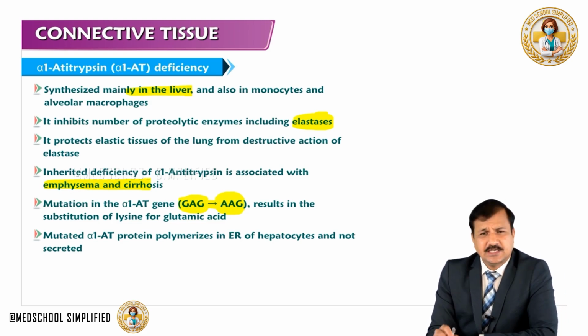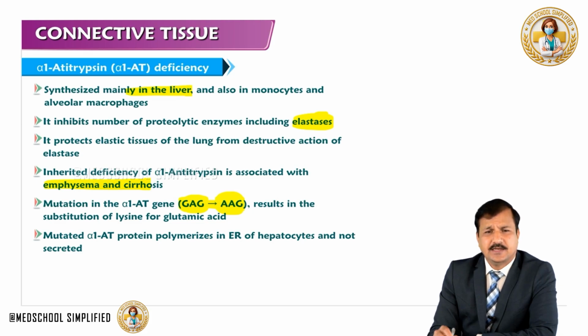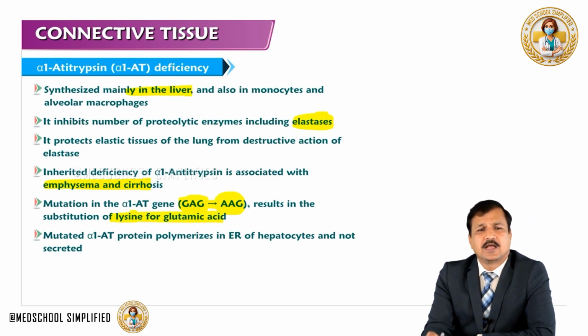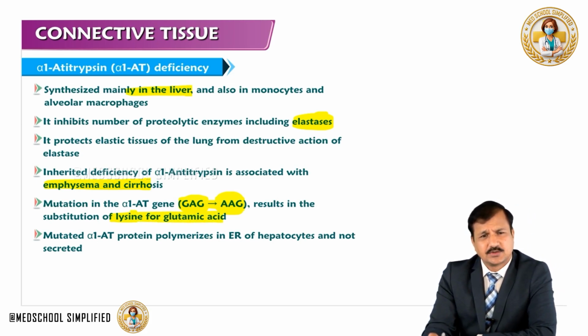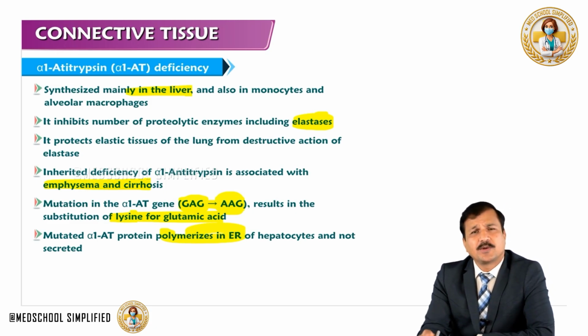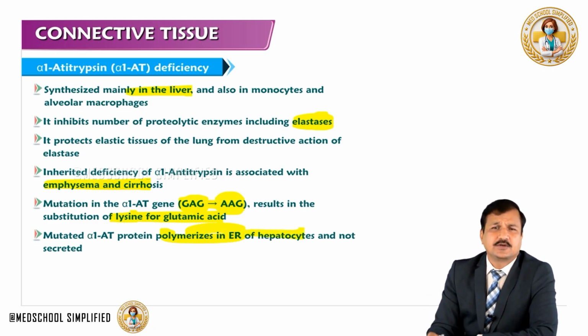That means guanine is replaced by adenine, which results in substitution of lysine for glutamic acid. This type of mutation leads to an abnormal form of alpha-1 antitrypsin, which will polymerize within the endoplasmic reticulum of hepatocytes, and it is not secreted into the blood.